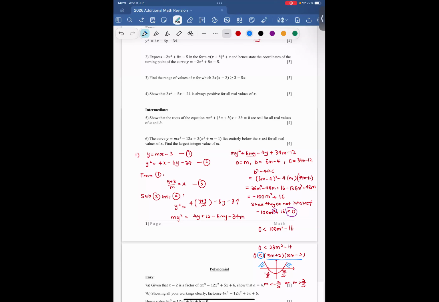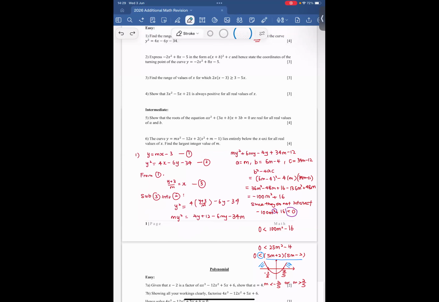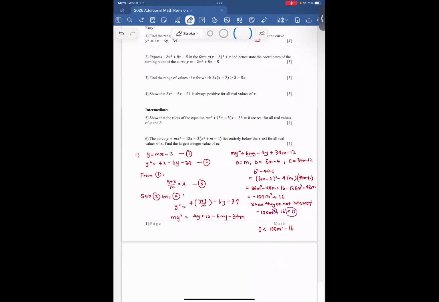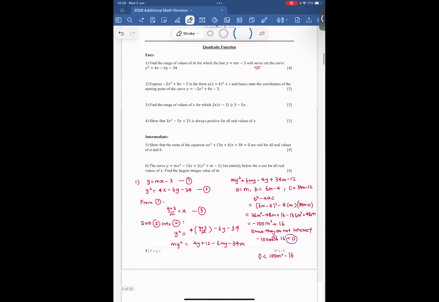If there's no question with question 1, then let's move on to question 2. I should add a page after that.